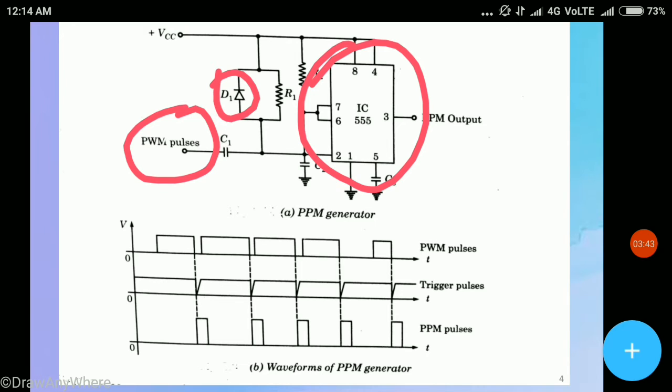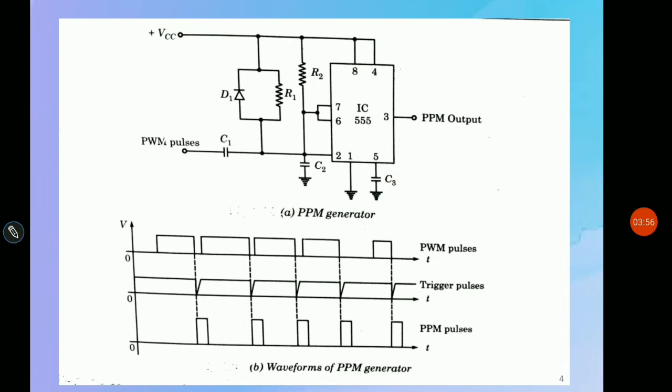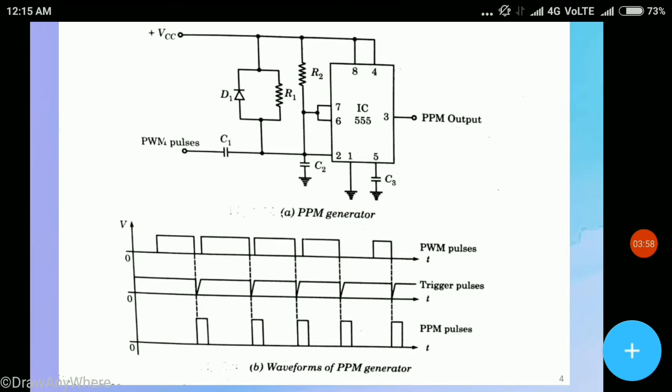The monostable multivibrator then generates pulses of the same width and amplitude with reference to the trigger to give the PPM waveform, as shown in the figure. You see here, this is the PWM waveform, where the width is varied with the instantaneous value of the modulating signal, and these are the trigger pulses generated by the negative spikes.